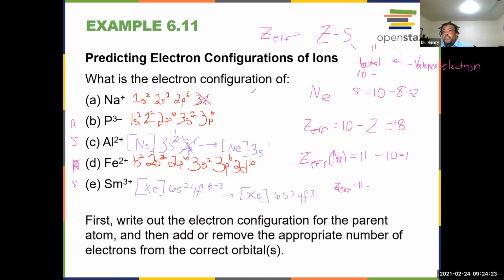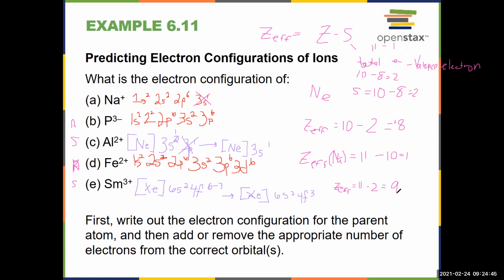In that case, it would just be 8, because you're assuming it's like neon. So S equals 2, and 11 minus 2. So the Z effective would be 9. You guys get that?